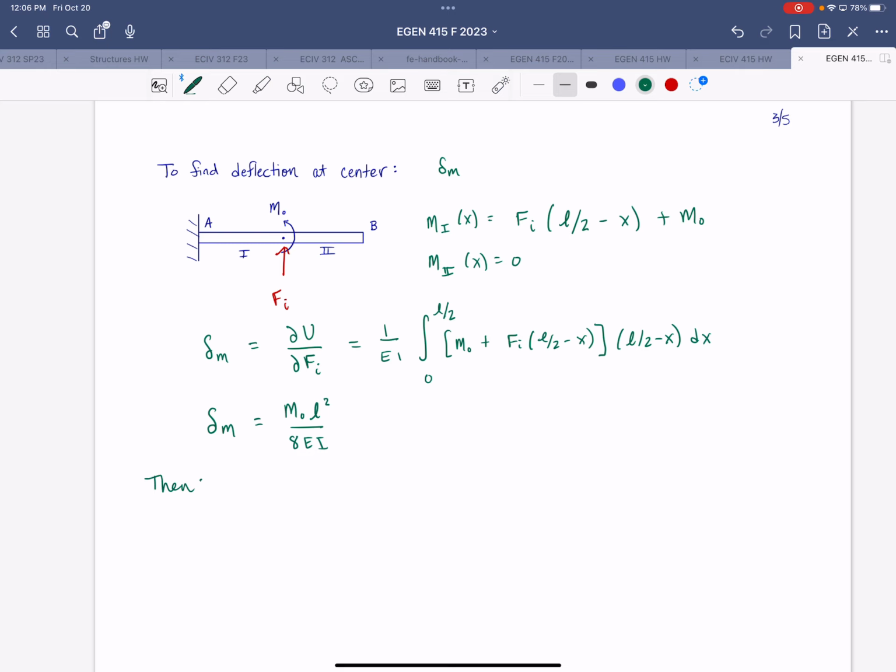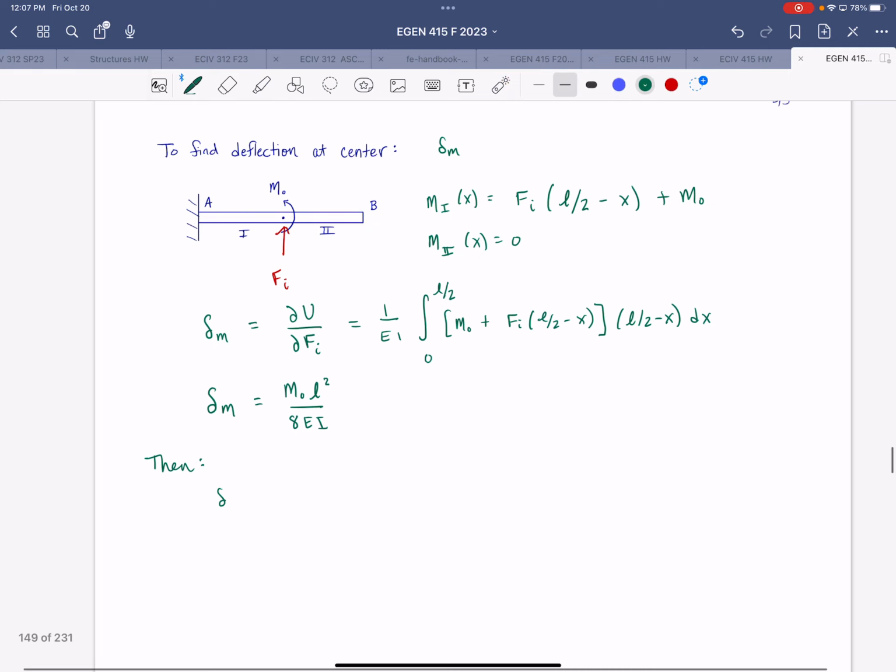So we can then project, knowing the displacement at the midspan and knowing the slope at midspan, and also knowing that the slope won't change between the midpoint and the free end, since there's no actual applied load between those points.